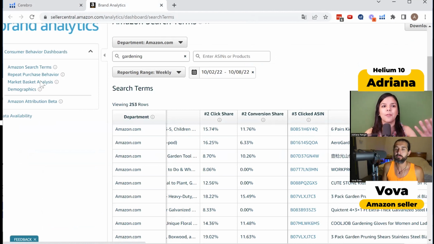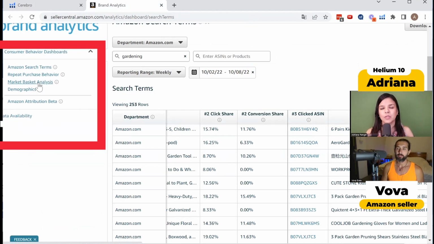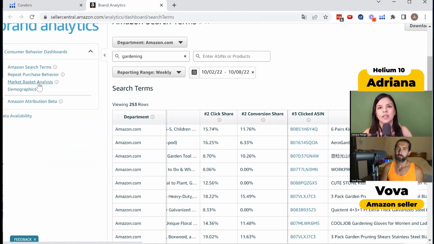You have market basket analysis, which shows that when they buy this product, they're also buying these other products. If you already have your brand, you can find ideas on how to expand your brand line with complementary and supplementary products.